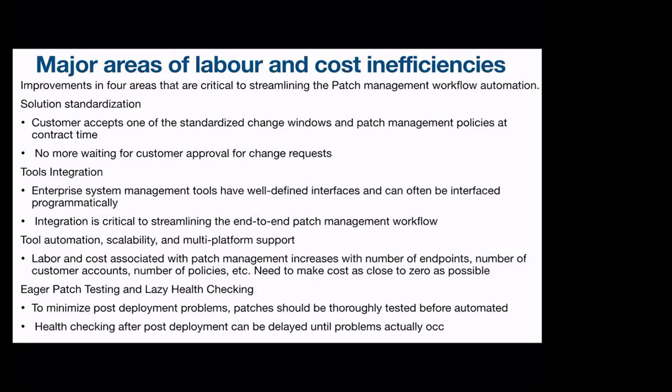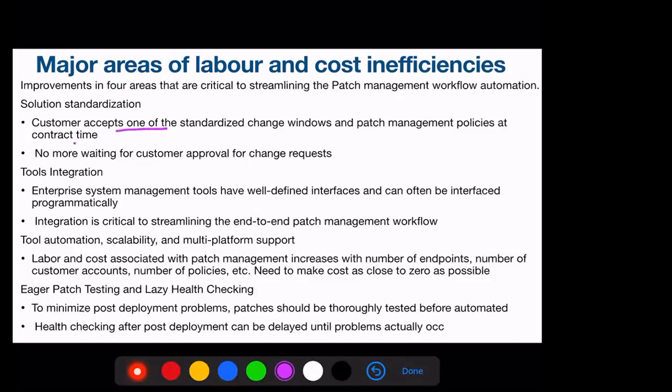So on different processors or different hardware, it works differently. That is the answer. So there should be one standardized solution, which should be acceptable for everybody during the contract period. And also there should not be more waiting time for the customer.